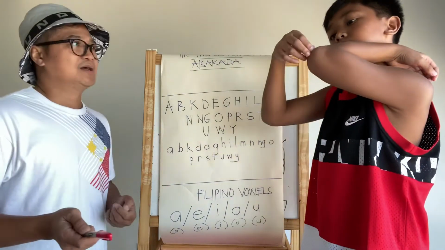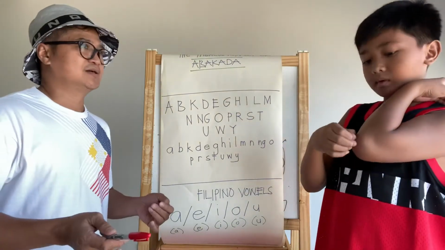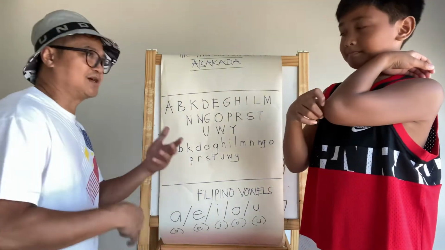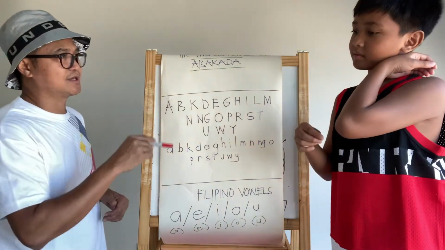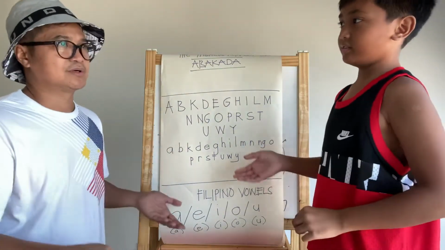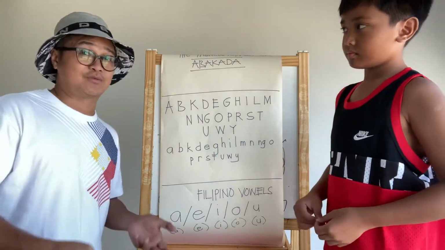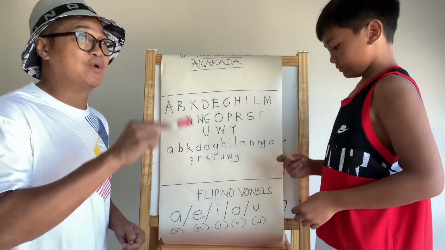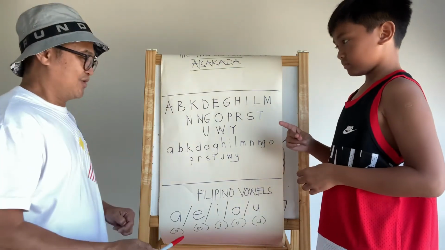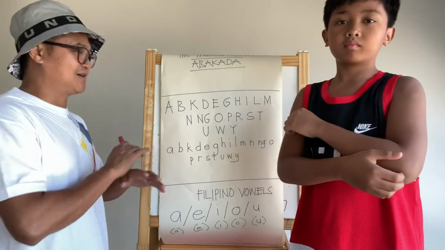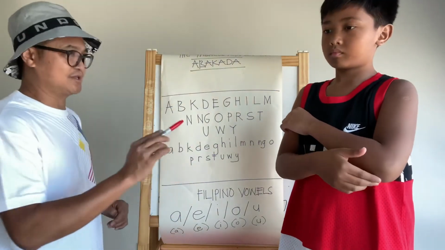Not like other countries like America, India, China, Arabic, and things like that. We can learn their language, but we cannot read. So in Tagalog, Bahasa Malaysia, and English, the calligraphies are the same, so it's easy.